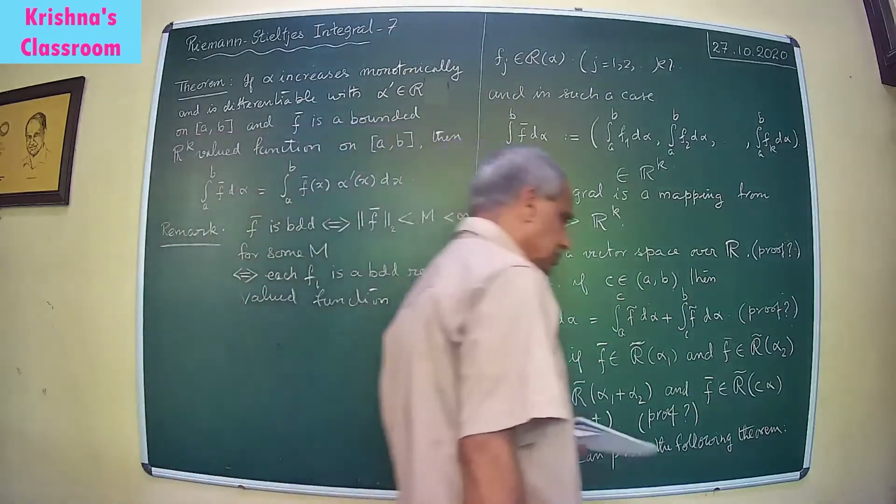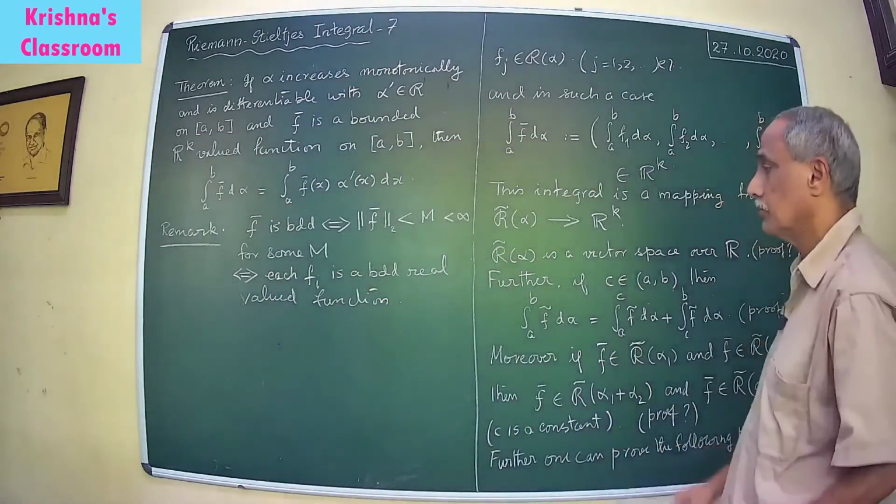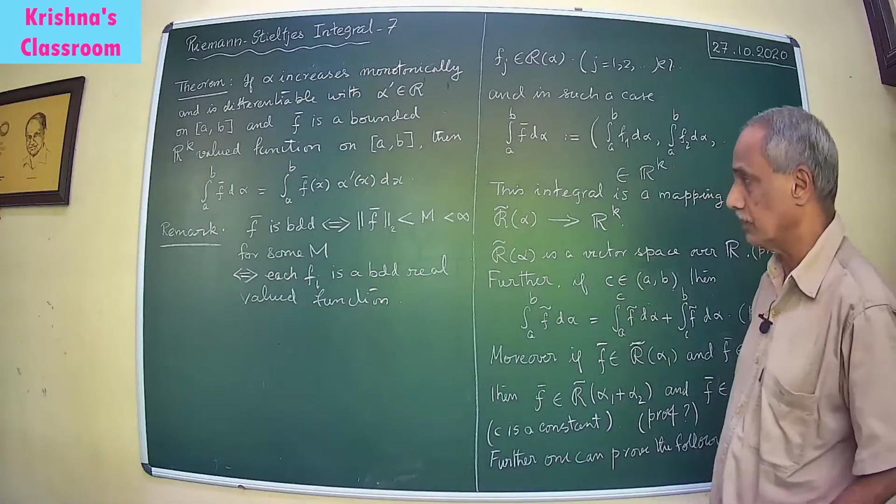Therefore, all that we need to assume is that each one of f_i is bounded. So that is just a remark.